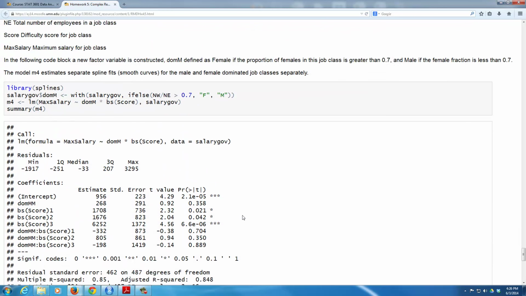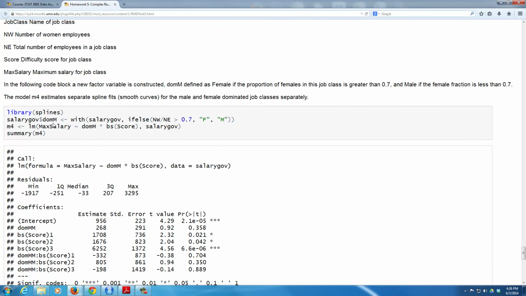And so we created an indicator variable called dom_m, which takes on a value of 1 if it's a female-dominated profession, and it takes on a value of 0 if it is not a female-dominated profession. I've given it a coding of M for male-dominated. It really isn't true, it's just not female-dominated. And F is the designation for a female-dominated profession class.